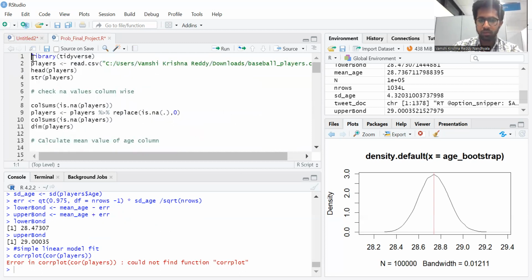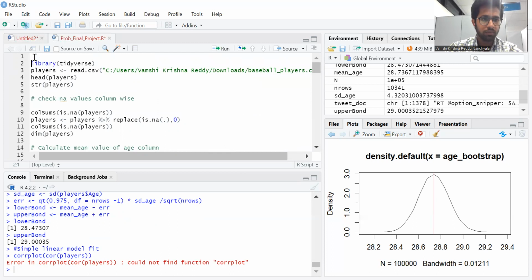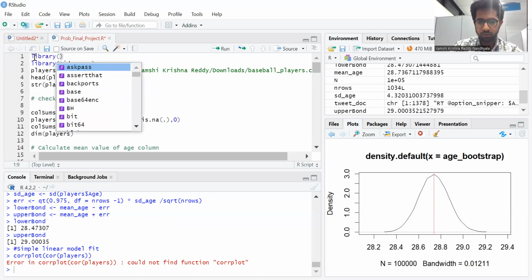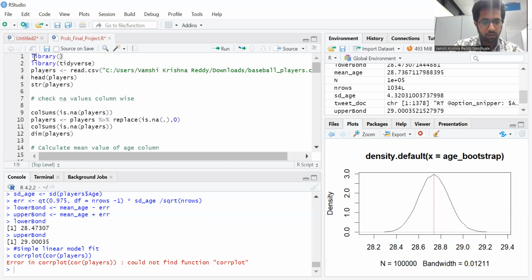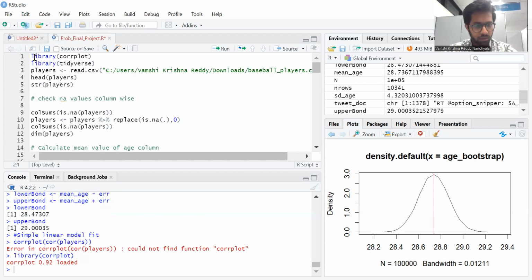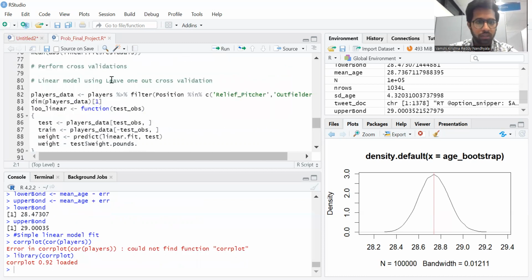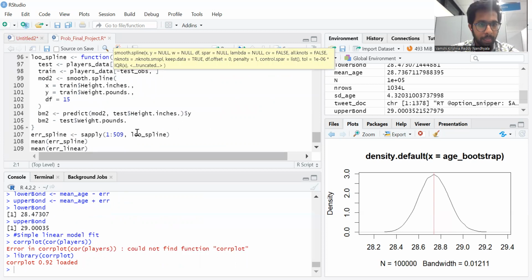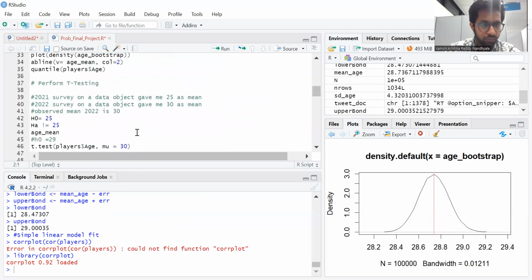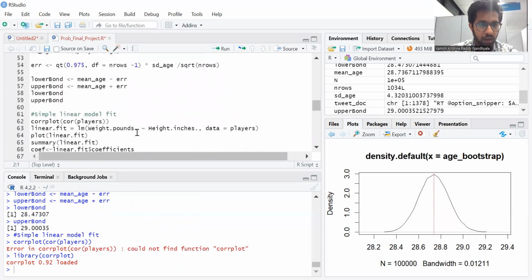So I think I need to install the corrplot library. Install. Okay, now corrplot is loaded, and now we can do our analysis.